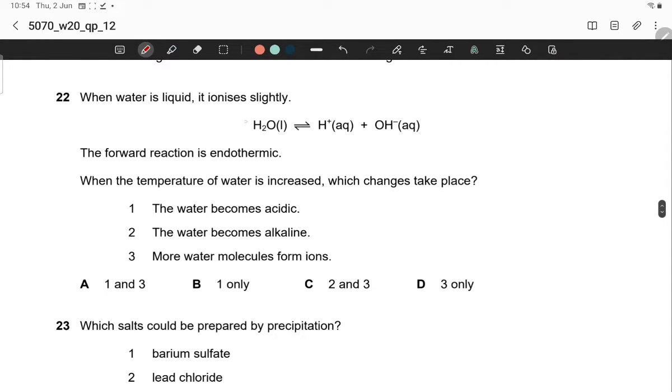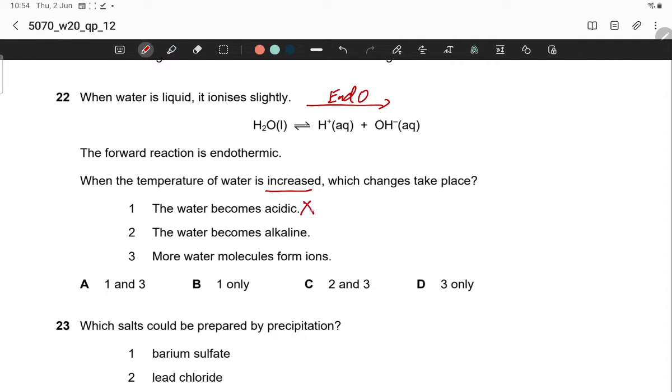Question number 22. When water is liquid, it ionizes slightly. The forward reaction is endothermic. When the temperature of water is increased, which change takes place? Does the water become acidic?